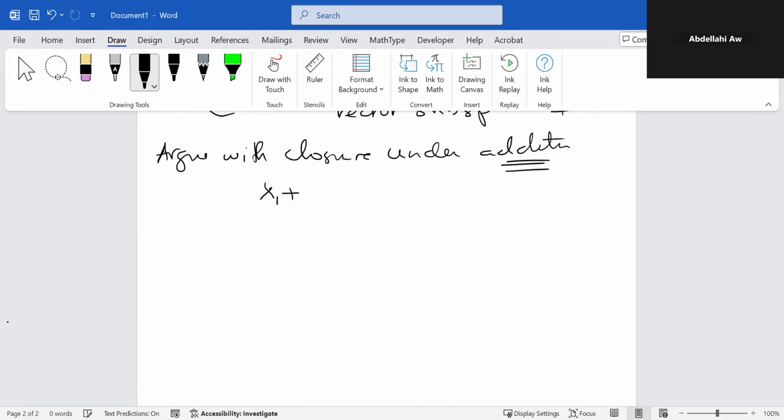Let's just do it in general. It's more eloquent, right? We have (x1, y1), an element of S, which means x1 plus 3y1 equals 9. (x2, y2), another element of S, which means x2 plus 3y2 is also equal to 9.